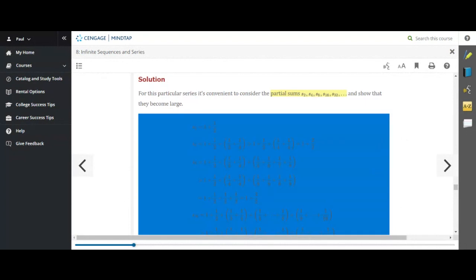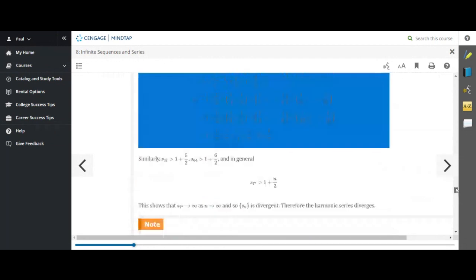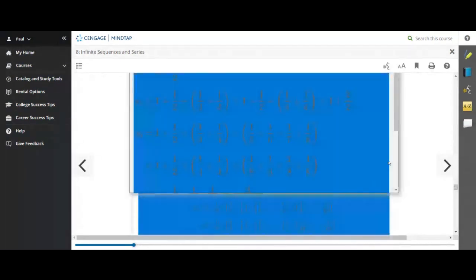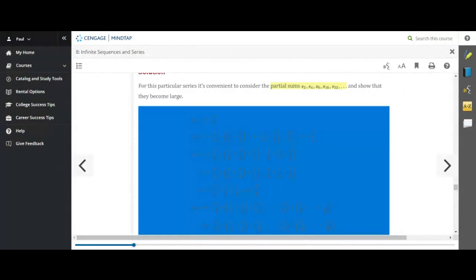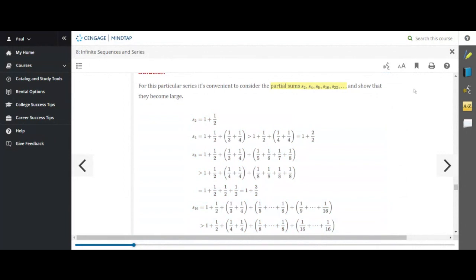I don't know why that's giving me blue. Don't give me blue, please. Hold on here, everybody. It's going a little bit crazy on me here. Okay. Come on, don't do that. Okay, so.